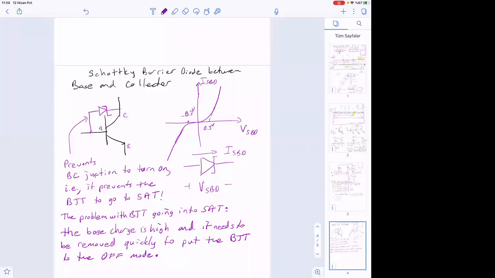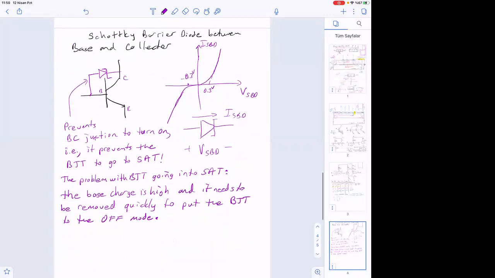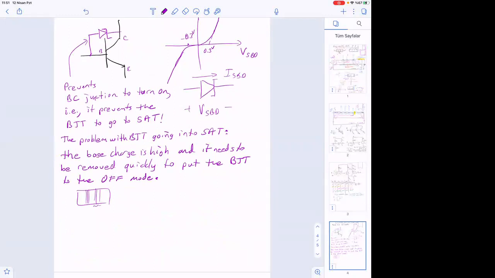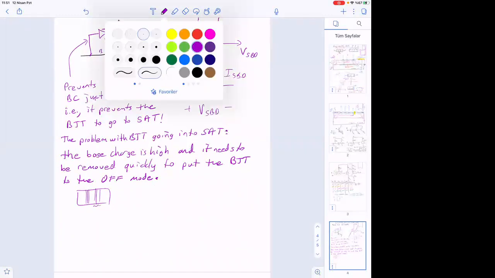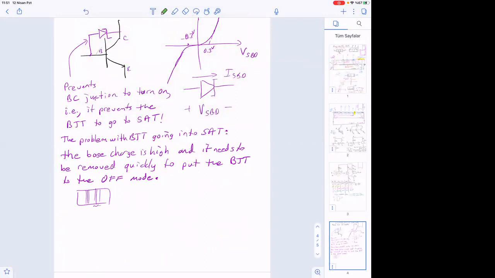Okay, but when the base collector junction is turned on and in SAT, it takes time to remove that. However, here we have already a diode, and then there's a diode coming in parallel.